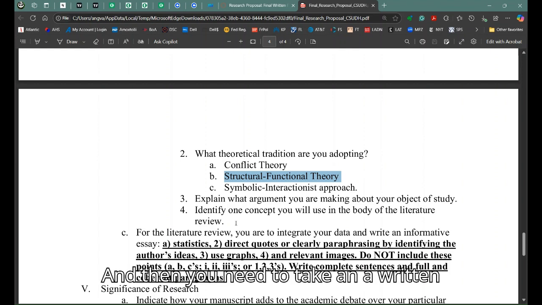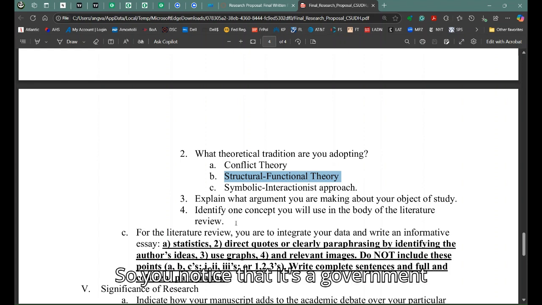And then you need to take a written exam to prove that you read the manual and understand what it says. And if you pass the written exam, then you're able to take the driving exam. That's when you demonstrate to the driving instructor or the evaluator that you did read the manual, and you use the manual as a way to direct your driving habits.